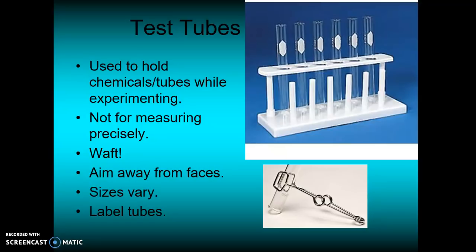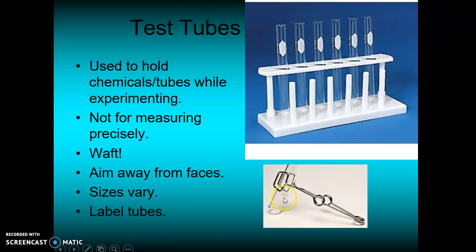Always remember, when you're mixing chemicals, there will be some fumes coming out, and you don't want to smell those vapors coming out of the chemical mixing. So always remember, when you want to smell it, you have to waft, and keep the test tube away from the faces of yourself and your partner. These again come in various sizes.